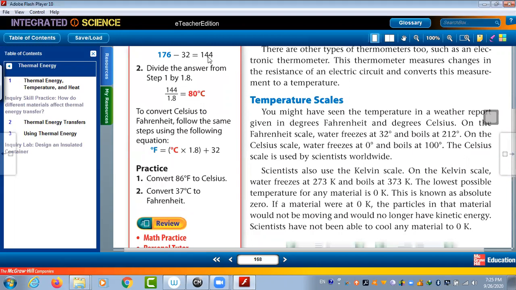In this question, it says convert 86 degrees Fahrenheit to Celsius, and here convert 37 Celsius to Fahrenheit. Here he gave us Fahrenheit, so we use the first law. Here he gave us Celsius, so we use the second law.